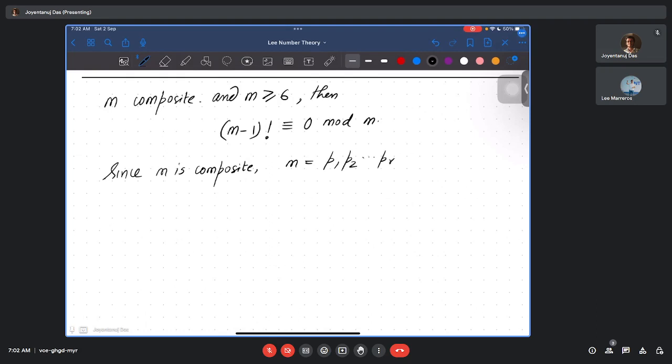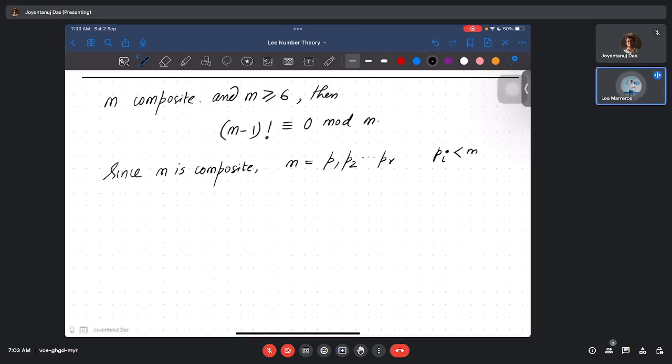Now since these are different primes, each of them occurs before m, because each of the quantities pi is strictly less than m.